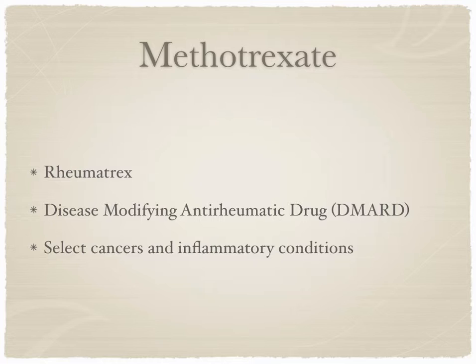So NSAIDs are not really slowing down the disease progression, but they work for treating the symptoms of rheumatoid arthritis. So any drugs that actually slow down the process of disease are classified as DMARD, or disease-modifying anti-rheumatic drug. So methotrexate is a really common drug that works in treating cancers and many inflammatory conditions, of course, including rheumatoid arthritis.